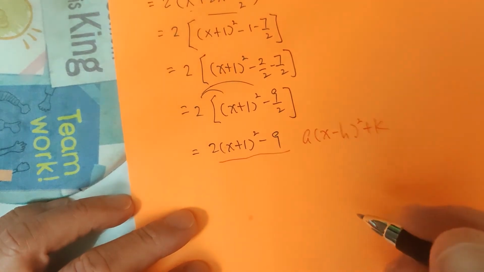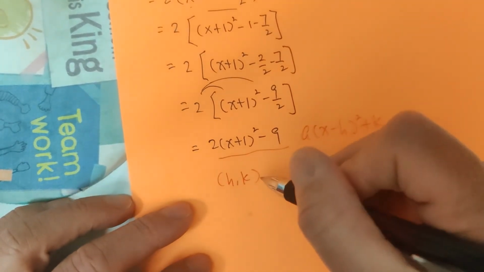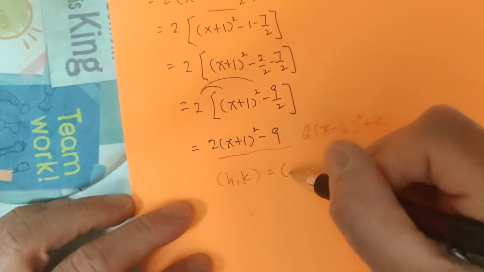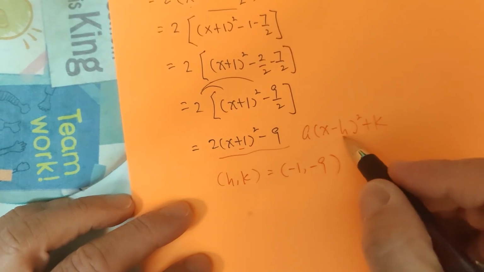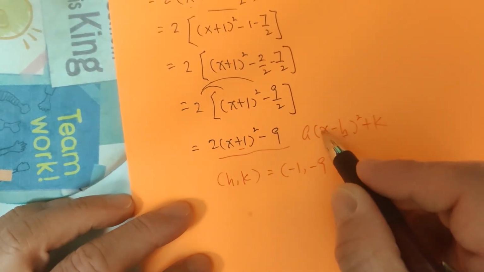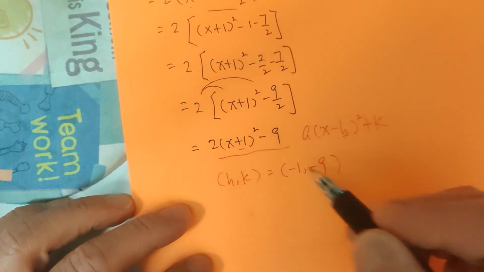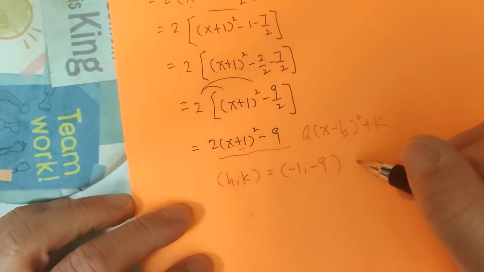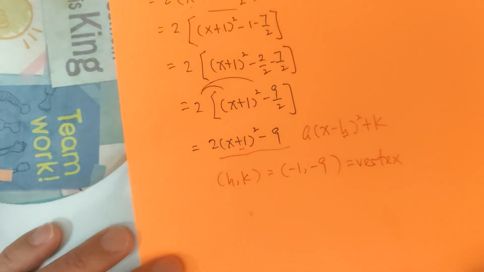When you make a comparison, you can see that the (h, k) will simply be negative 1 and negative 9, right? Over here h is negative 1, x minus negative 1 is x plus 1, and the k will just be negative 9. That will be the vertex of the parabola.